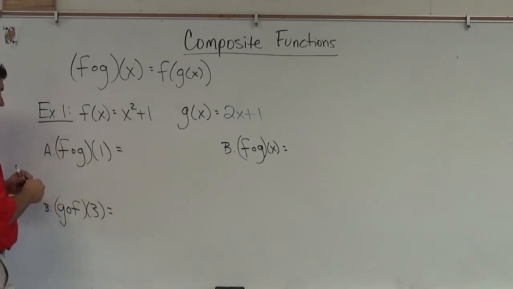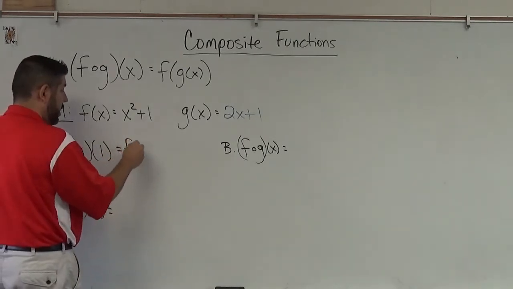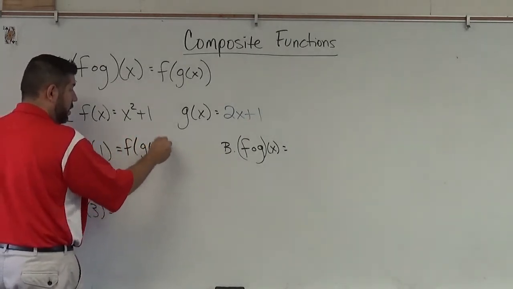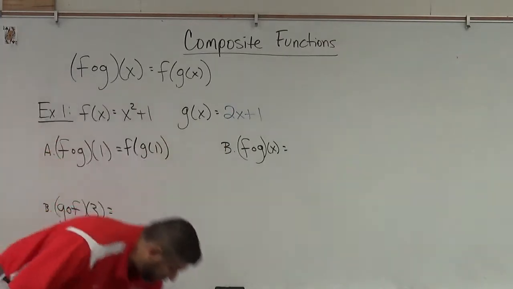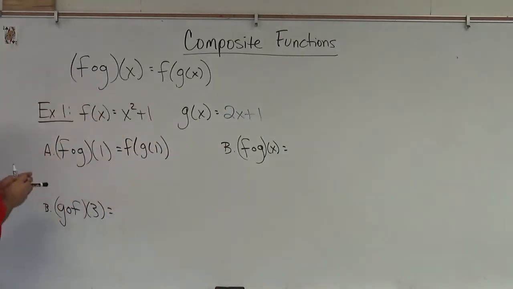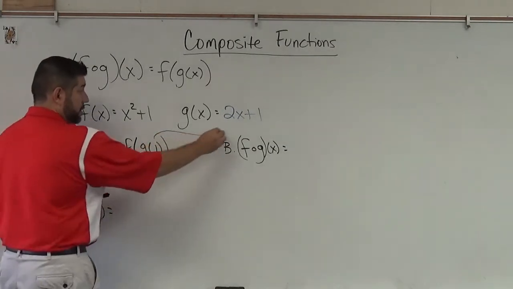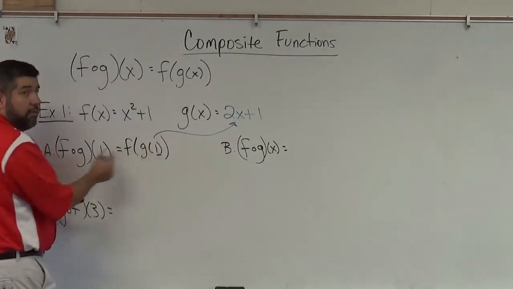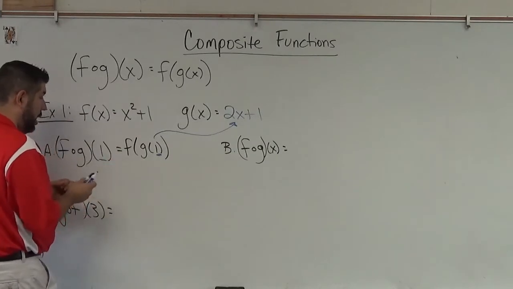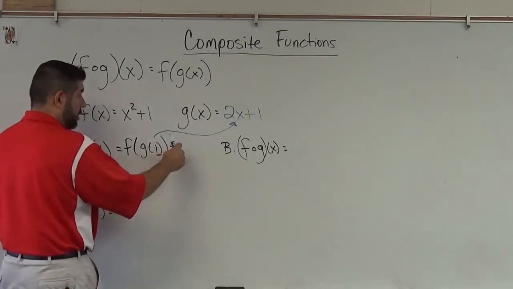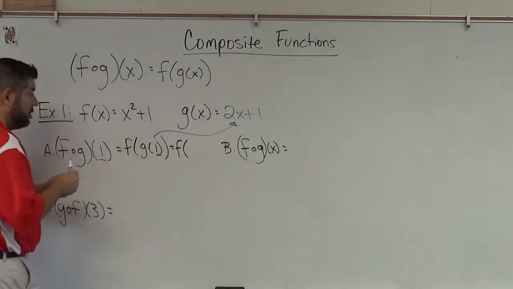So what this is going to look like, I'll just rewrite it as f of g of 1, like this. And we're going to take 1 and plug it into the g function because we want g of 1.